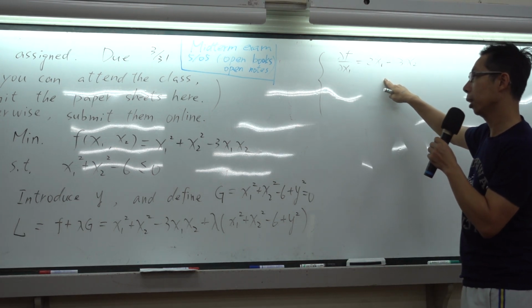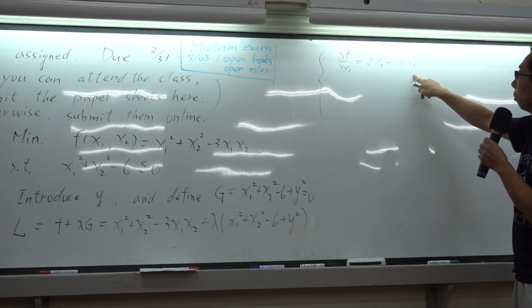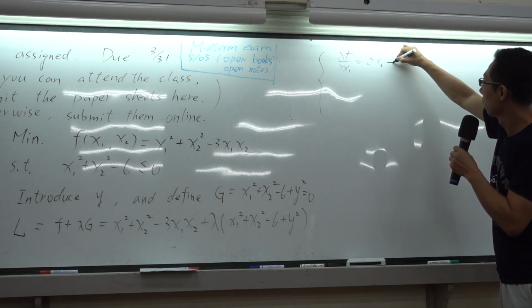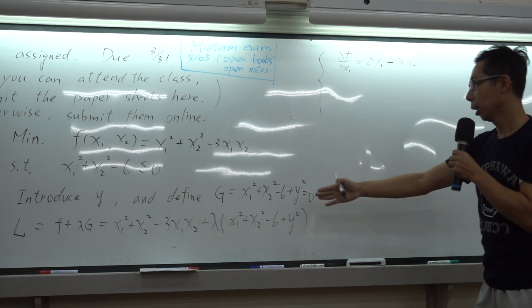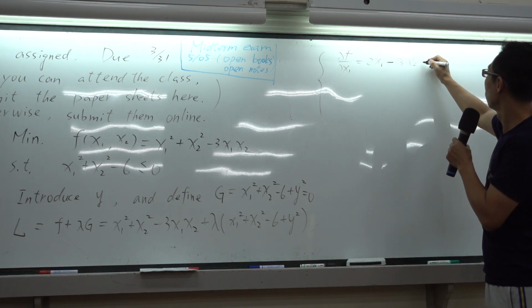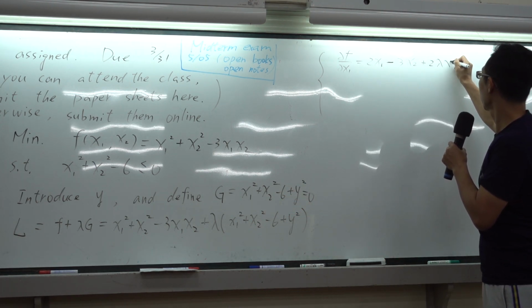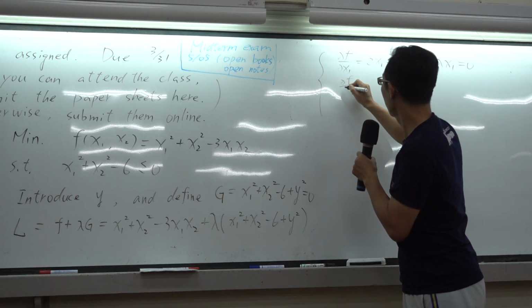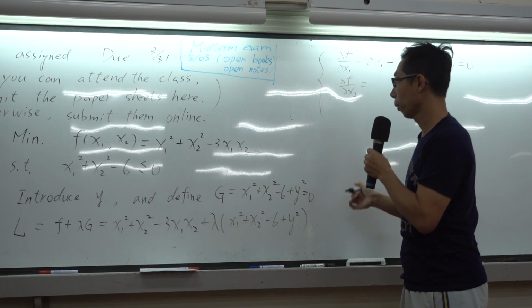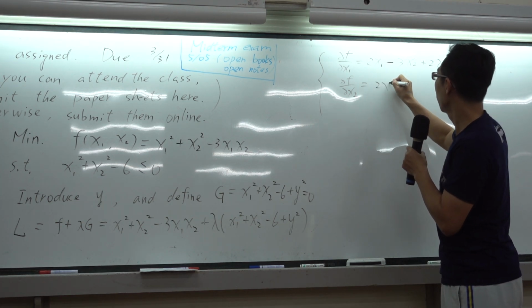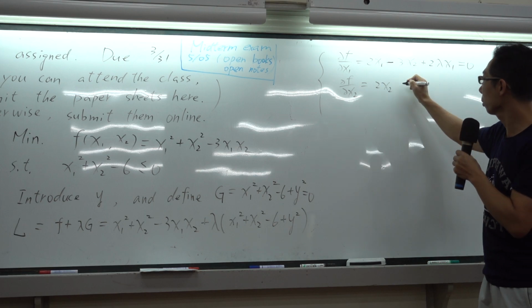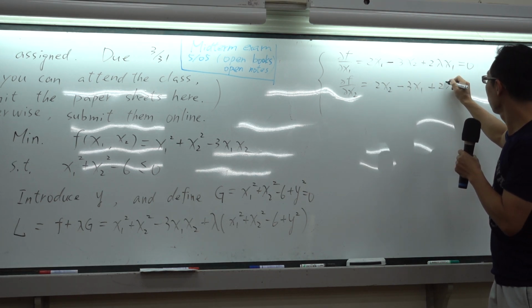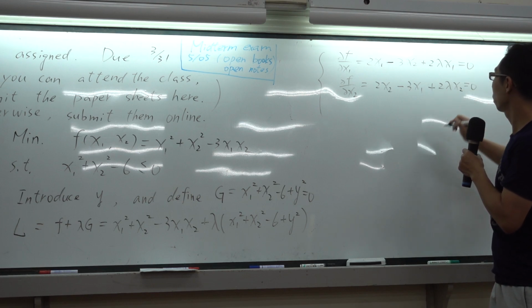Now let's take the partial derivatives. So we have 2x1 minus 3x2, and over here plus 2 lambda x1 equals 0. Take partial derivative with respect to x2. We have 2x2 minus 3x1 plus 2 lambda x2 equals 0.